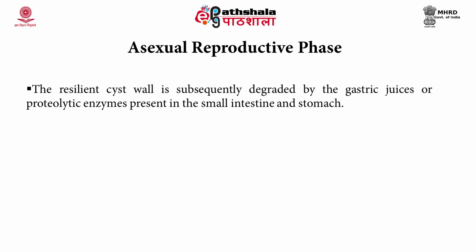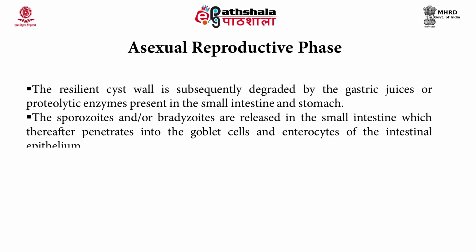The resilient cyst wall is subsequently degraded by the gastric juice and proteolytic enzymes present in the stomach and small intestine. The sporozoites and or bradyzoites are released in the small intestine, which thereafter penetrate into the goblet cells and enterocytes of the intestinal epithelium.